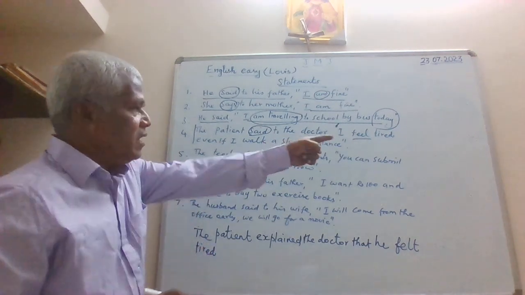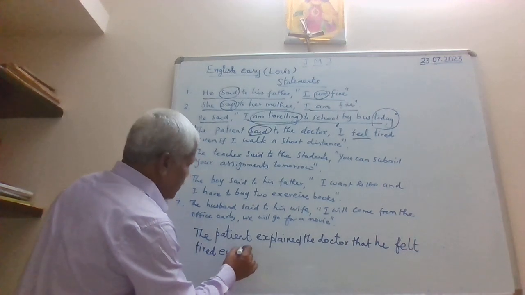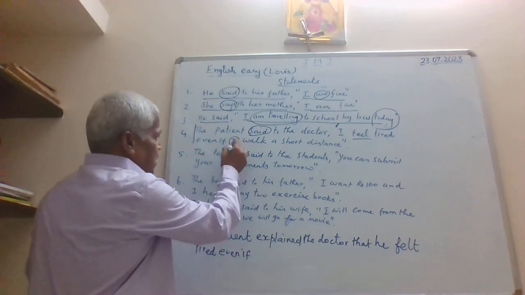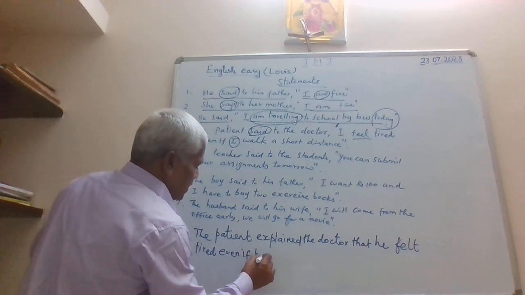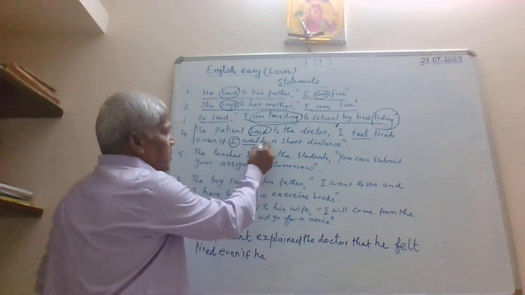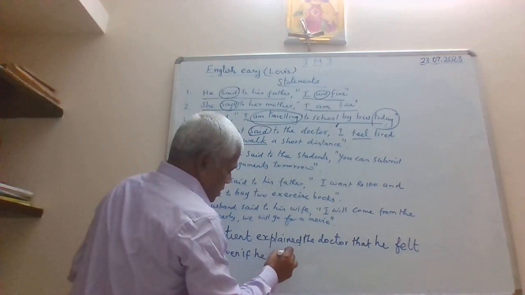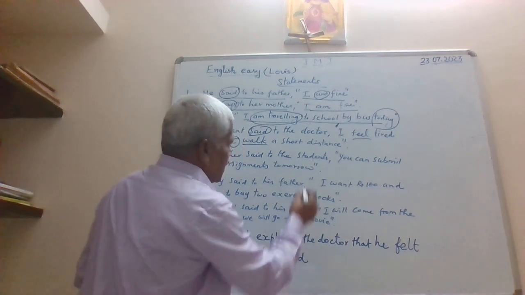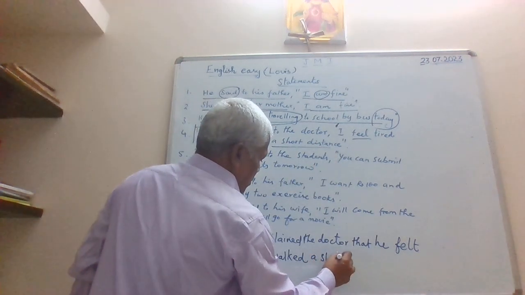He felt tired. Even if, and you have another pronoun here, this I also refers to the same subject. Even if he, another verb here, you have walk. So that is changed into past tense. Even if he walked a short distance.